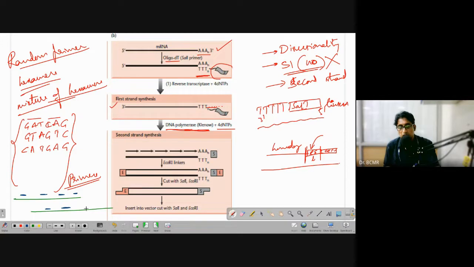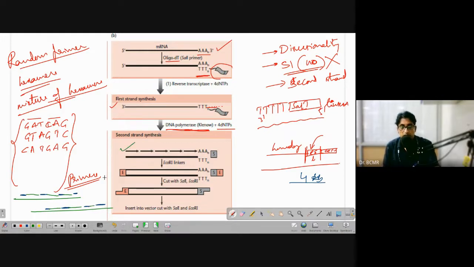Different sites can be found because the probability is about every 4 kb of a particular sequence occurring. So when we add Klenow fragment, it will synthesize and stop there, synthesize and stop there. That way, we are likely to synthesize the whole cDNA, the second strand.